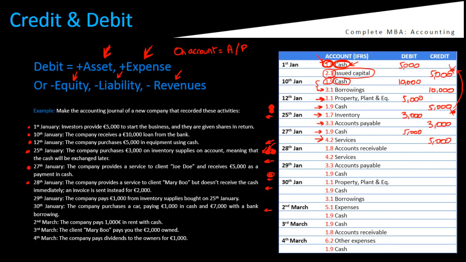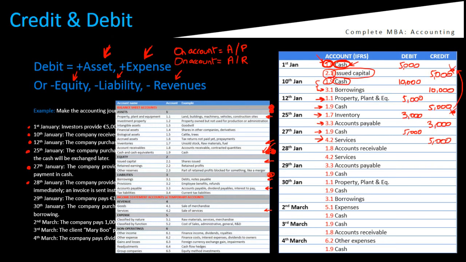Because you're not receiving the cash immediately, you're doing that on account. However, in this case, you're expecting to get cash. So that's an account receivable. Let's see where the accounts receivable are. If you check for that, accounts receivable is a kind of asset and is the 1.8.